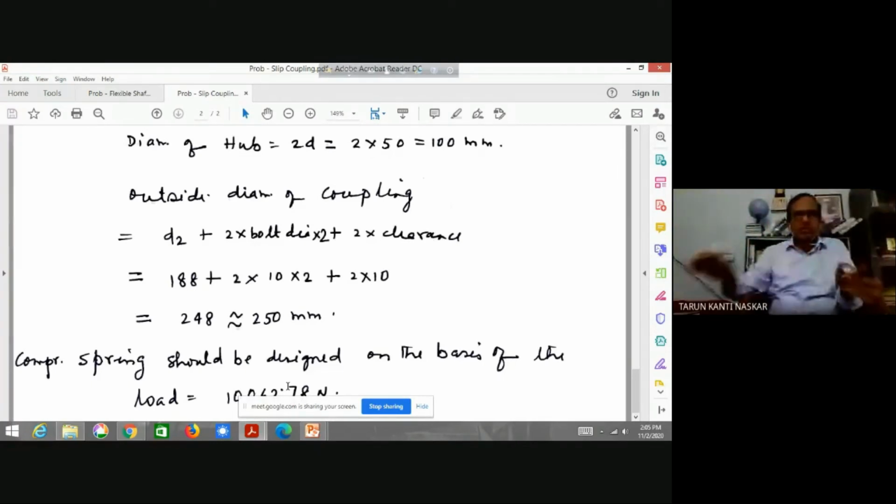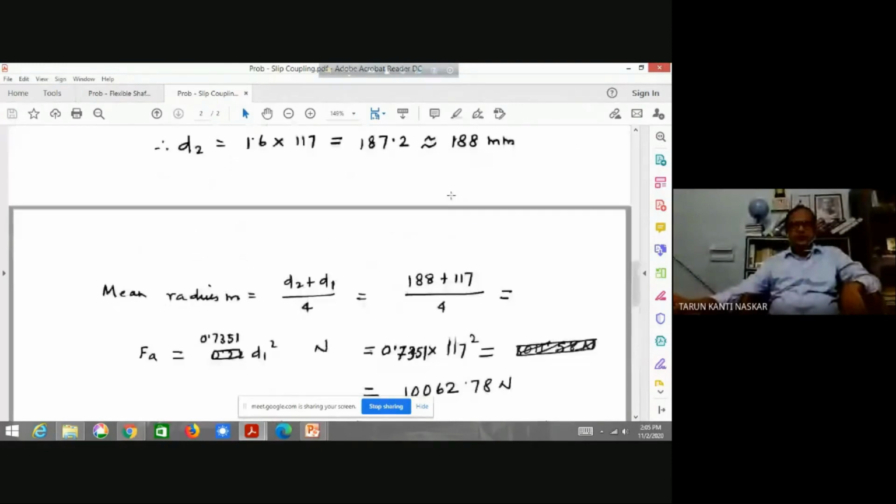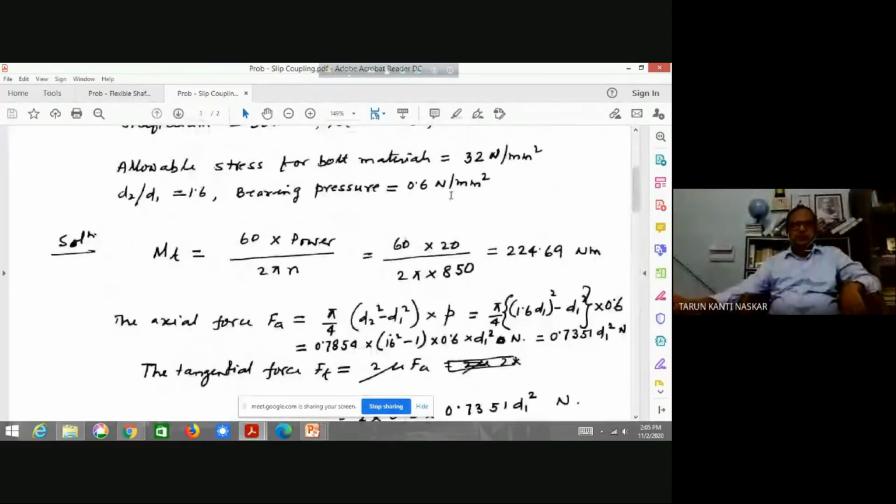So you just have to make a statement that depending on the load that is induced, we have to complete the design of the compression spring. Is it okay? Is the problem clear to you?